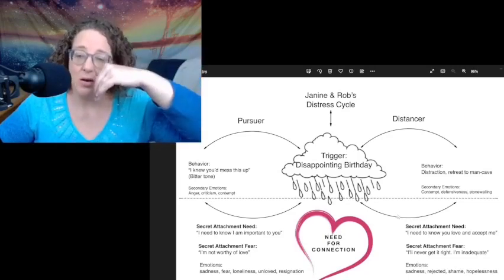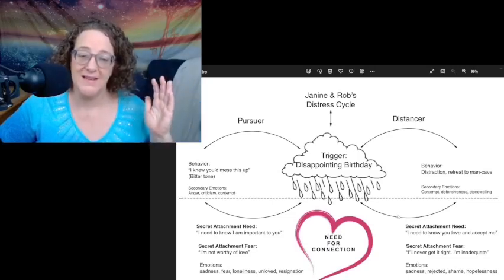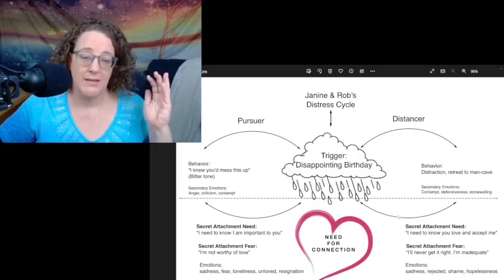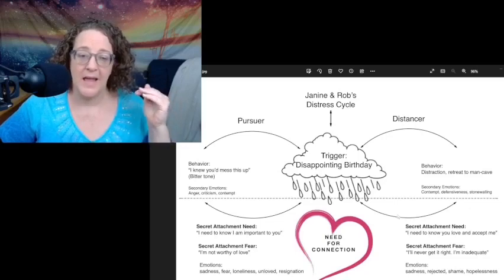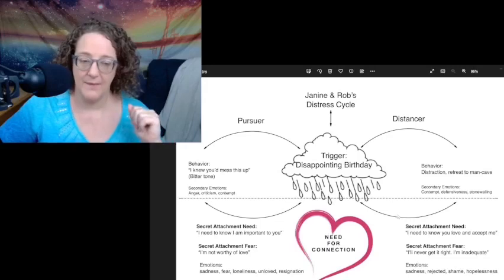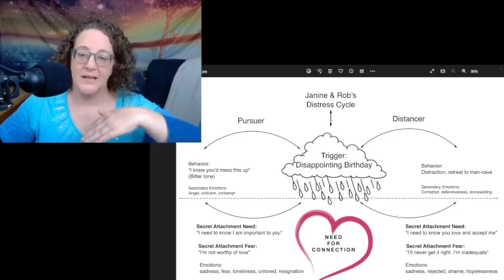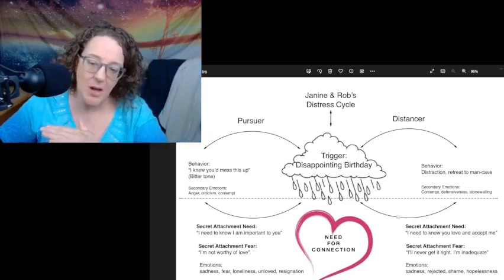So that comes equally over the top towards the pursuer, right? So the pursuer is seeing, oh, my withdrawer partner has contempt, defensiveness, and is stonewalling. And the behavior they're demonstrating is distraction, and they've left now. They've left. And where's that going to hit? That's going to hit below. So it comes up over the top and it's down below.